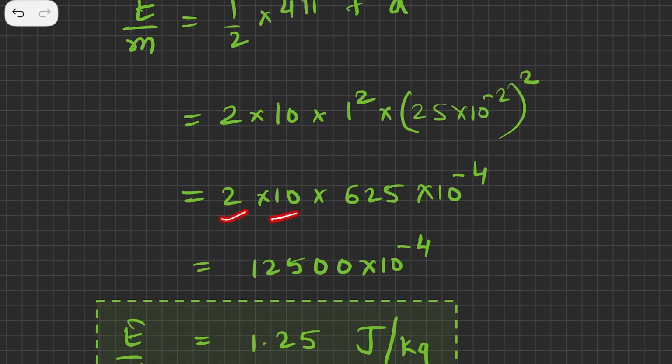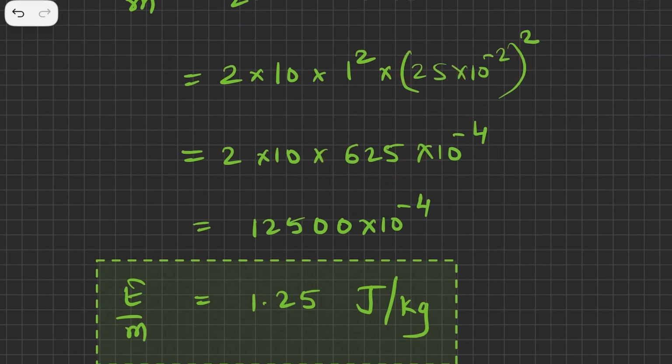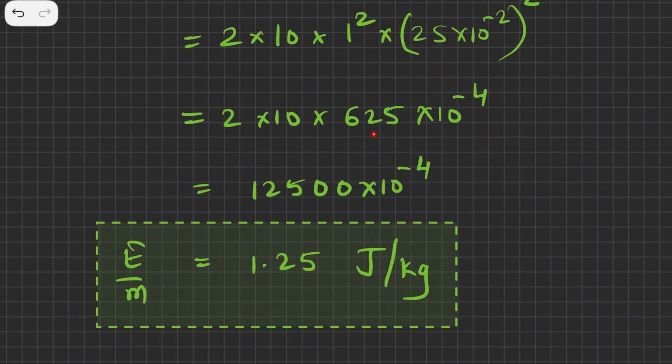So 2 as it is, 10 as it is. 1 square is 1, we don't write it. Square of 25 is 625, square of 10 raised to minus 2 is 10 raised to minus 4. And if you multiply 625 by 2, that will give me 1250, and 1250 into 10 will give me 12500 into 10 raised to minus 4. 10 raised to minus 4 will shift the point 1, 2, 3, 4 places.